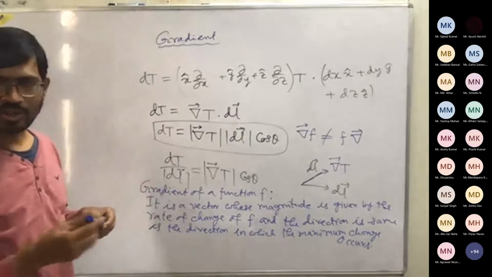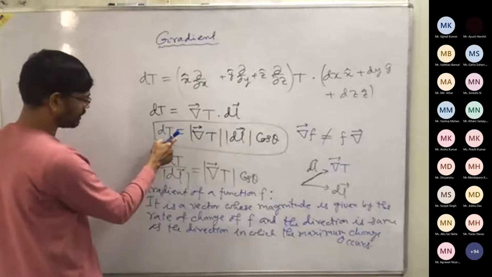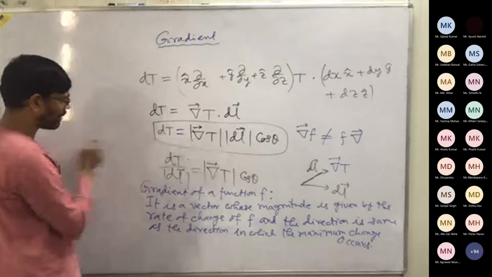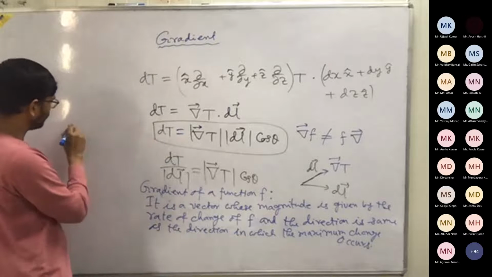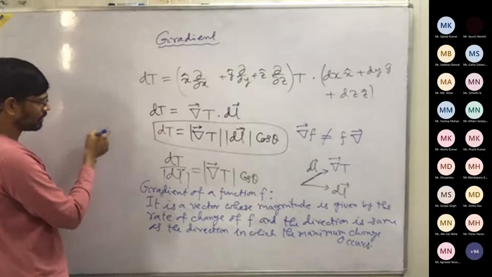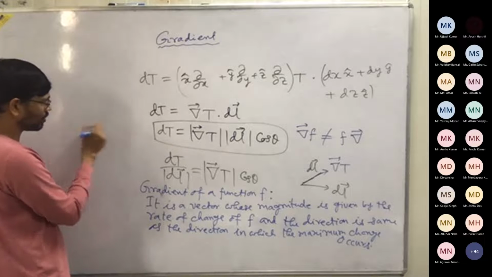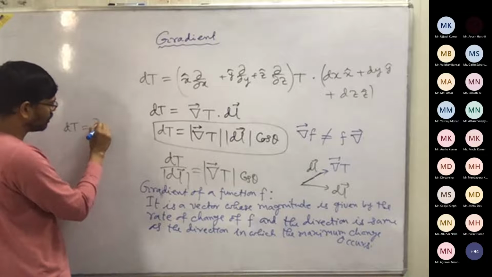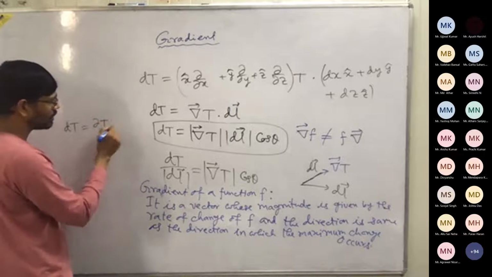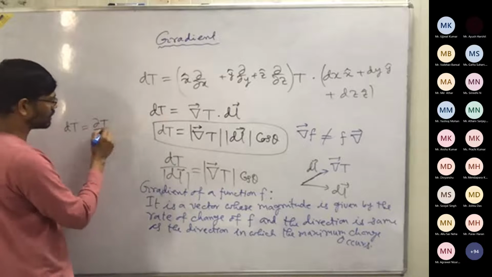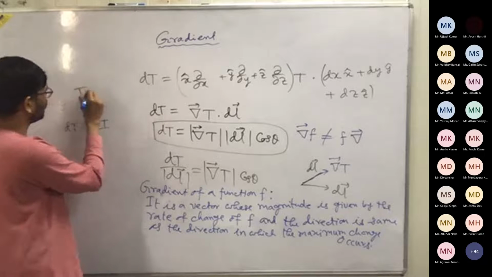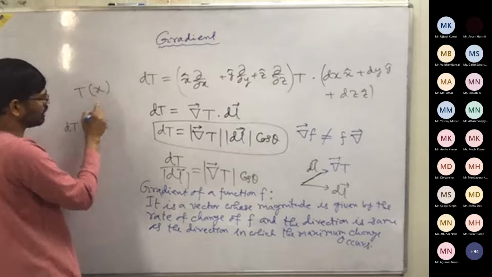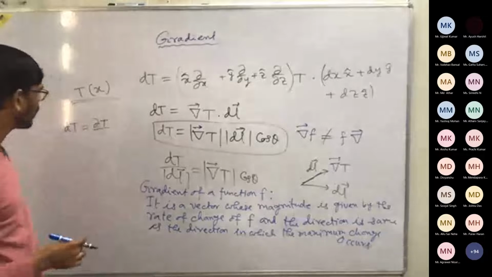So in one dimension in your high school, if you write this quantity, dT is equal to del T. Let's say T is just a function of x only.